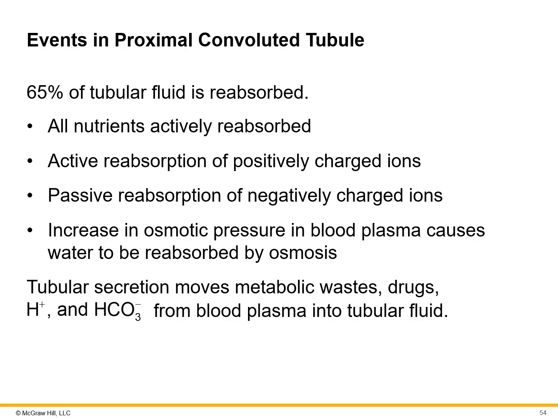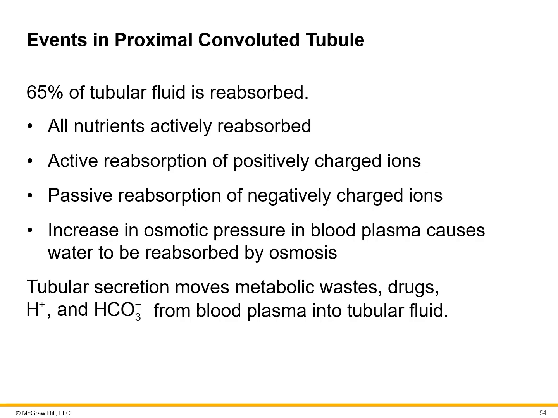If there are any nutrients, they are very much actively reabsorbed. But the active reabsorption is because of those positively charged ions. And that's the active reabsorption. Your passive reabsorption is because of the negatively charged ions. So there's got to be almost like a pressure against your blood plasma in order for this to happen by osmosis.